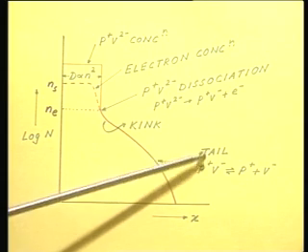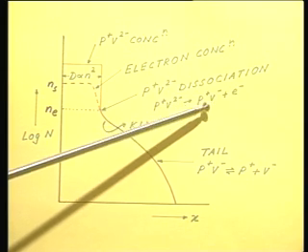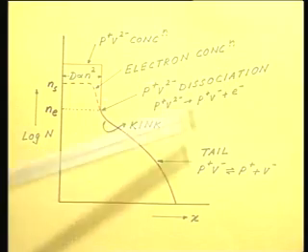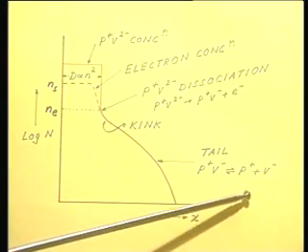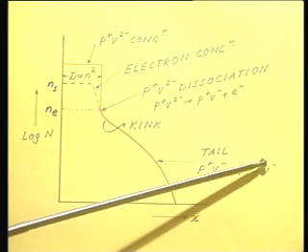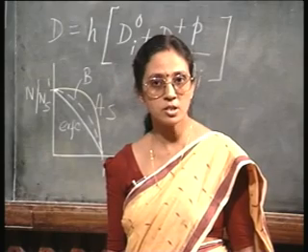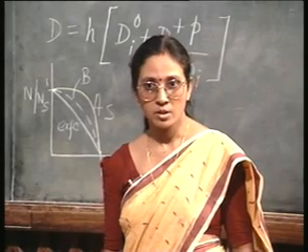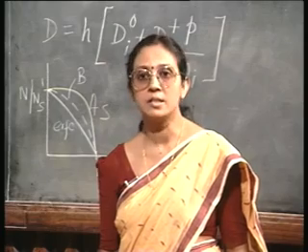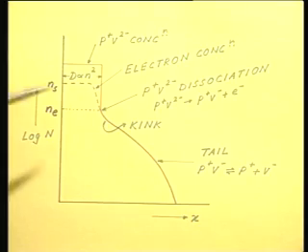In this tail region, there is further dissociation of this P plus V minus into the positively charged phosphorus ions and the vacancies. So, in this process, there are more vacancies released, because the binding energy of this P plus V minus is comparatively less.